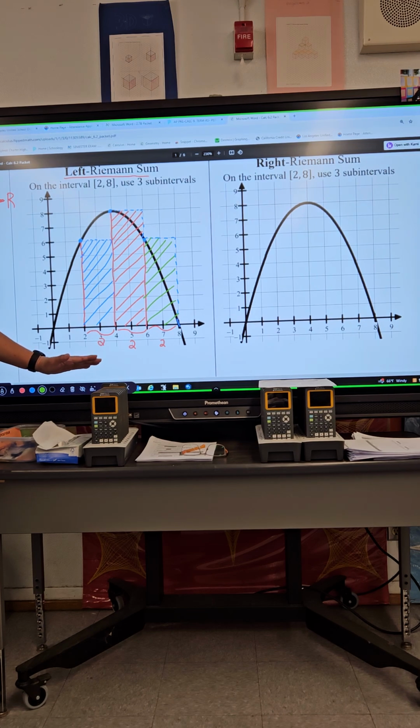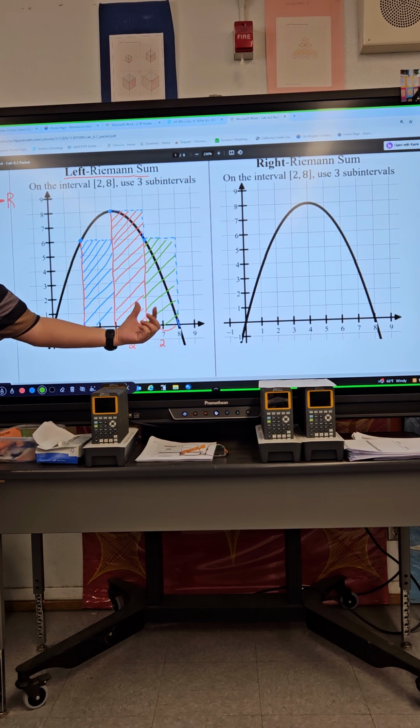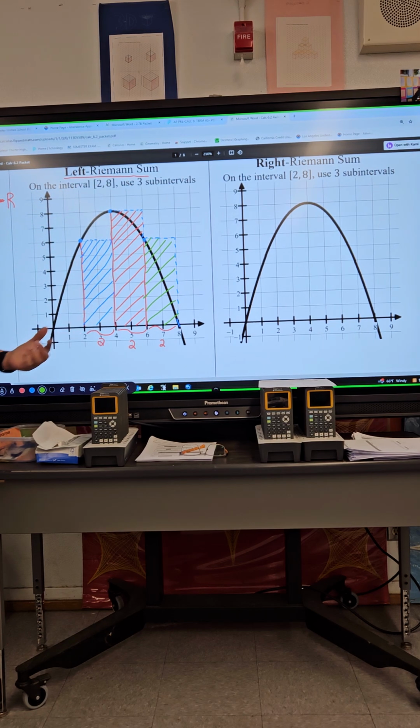Where did we get the 2? It's coming from b minus a divided by n, whatever it is. Since n is 3, we divide 6 by 3, so that serves as the width of the rectangle.